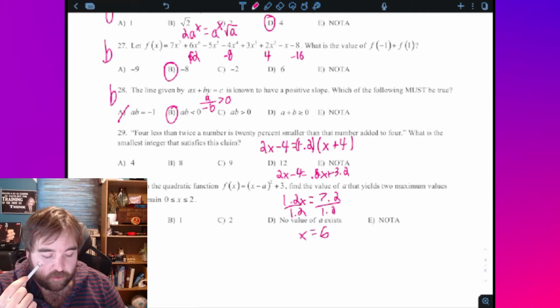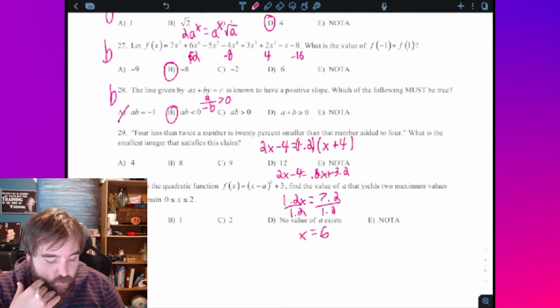Oh, it can't be that. 8. 4 less than twice the number gives you 12. And that's 20% smaller than that number added to 4. That's also 12.